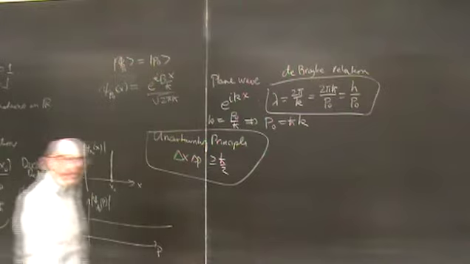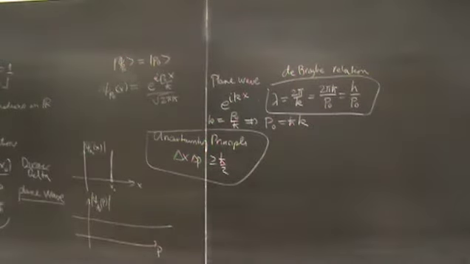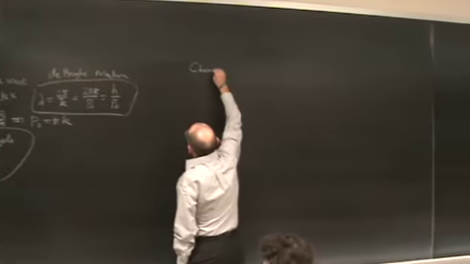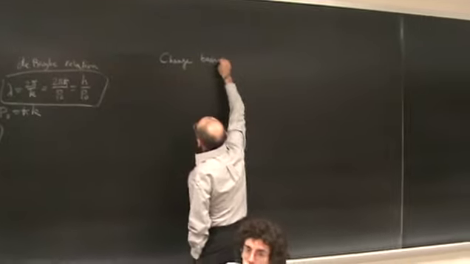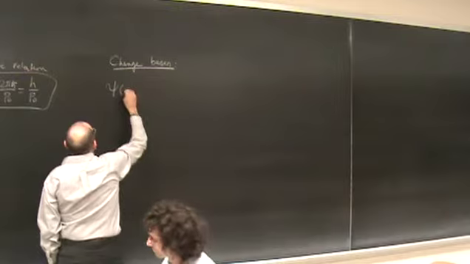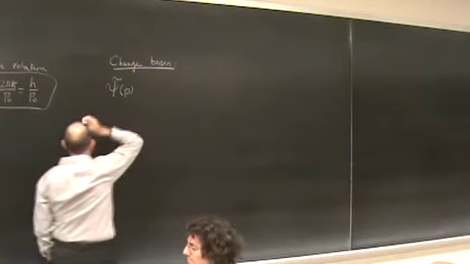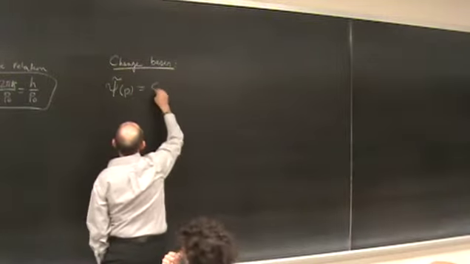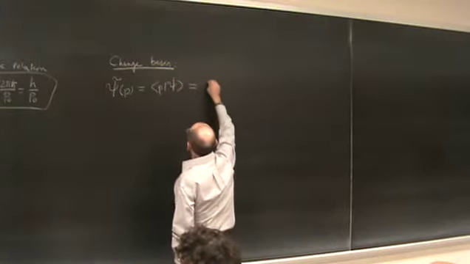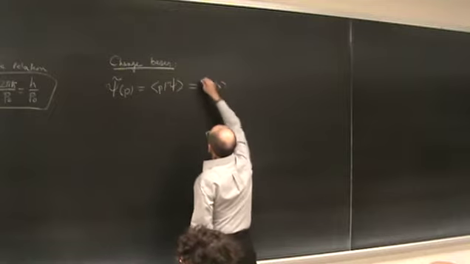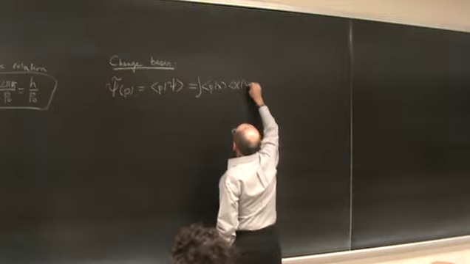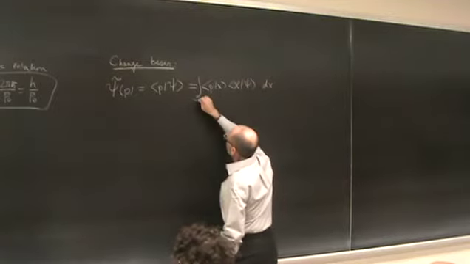Okay. Now, we were talking last time about the change of basis. So if I had the position representation and I wanted to get the momentum representation, what I can do is a unitary transformation by inserting a resolution of the identity.